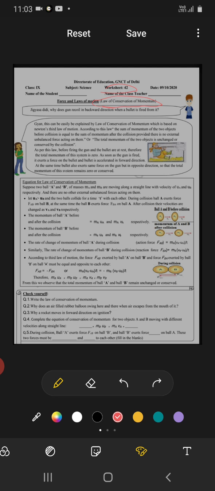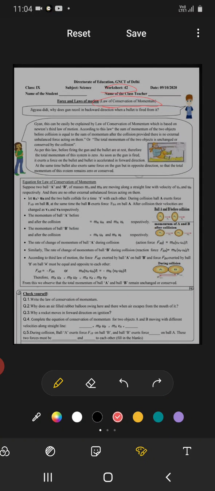That's why when the bullet is fired, the gun moves in the backward direction and the bullet moves in the forward direction in order to keep the momentum 0, because before firing the bullet and gun both were at rest and the momentum was 0 or conserved. So after firing, they tend to remain at their position of rest.